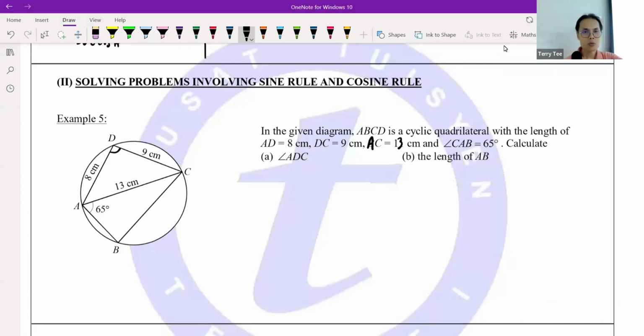Alright. So we use cosine rule. Cos angle ADC, your opposite is 13, right? The other two sides are given. So I use the second version of cosine rule, which is 8 square plus 9 square minus 13 square, divide 2 times 8 times 9.